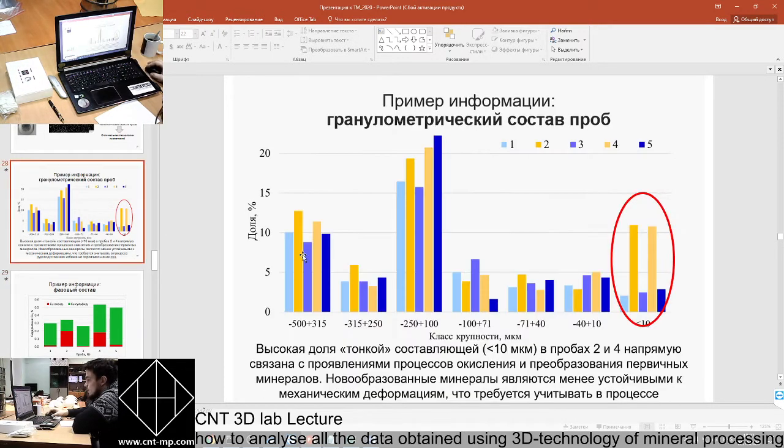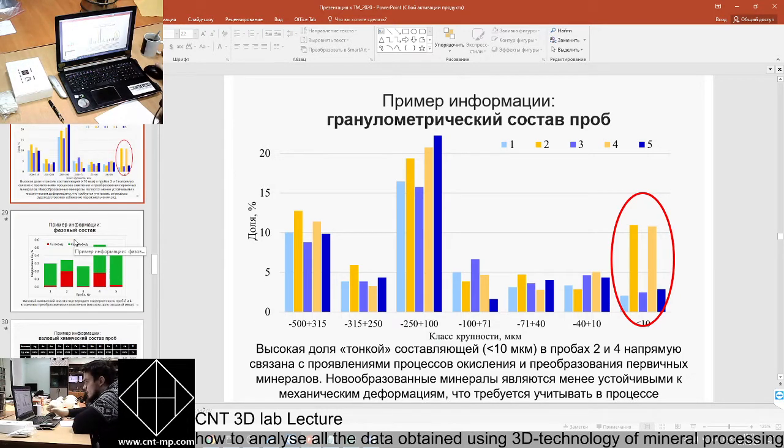Also, I will show the exact report a little bit later. Let's just take a brief look at what we can design to show for the client.